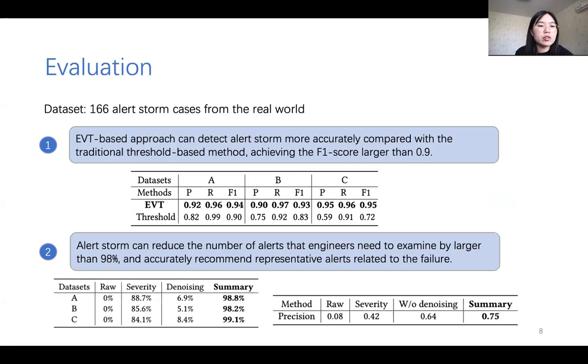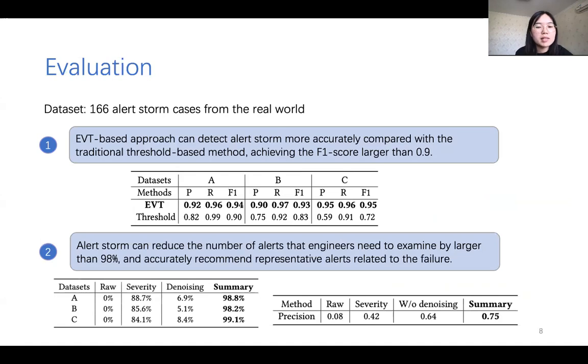The results show EVT-based approach can detect alert storm more accurately compared with the traditional threshold-based method, achieving the F1 score larger than 0.9. Besides, alert storm summary approach can reduce the number of alerts that engineers need to examine by larger than 98% and perform better than existing industrial practice, manual checking and only checking high-severity alerts.